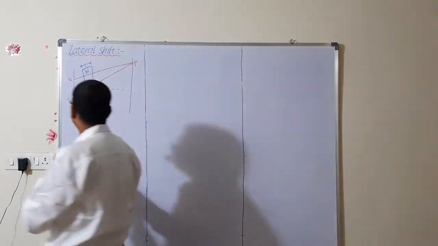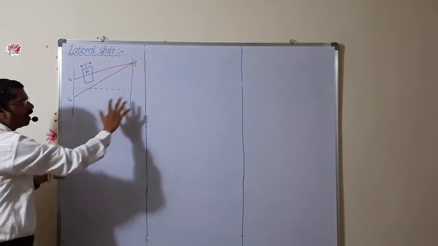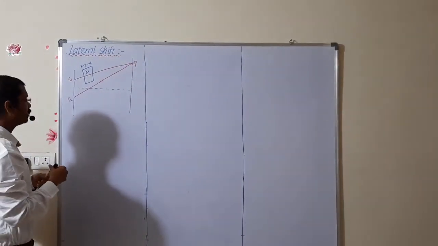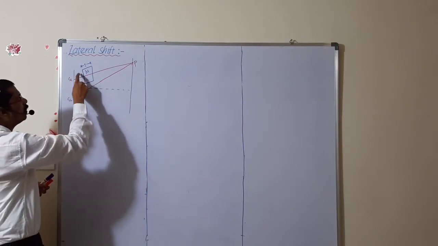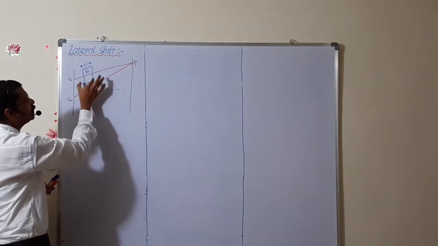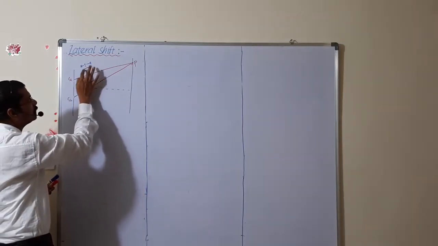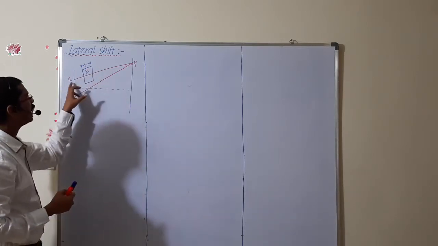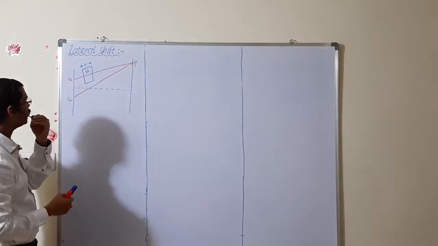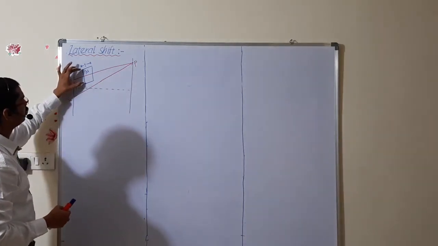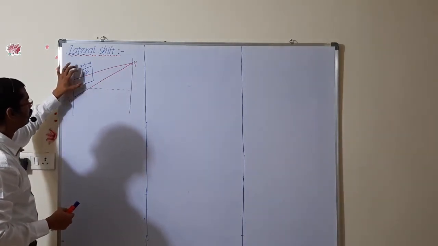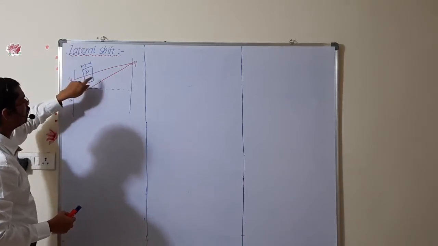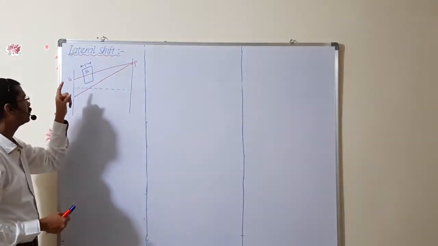Here, what is the arrangement we have taken? First, we take the same Young's double slit experiment. In that experiment, in any one of the paths, a glass slab is introduced. The glass slab has thickness T and refractive index mu.